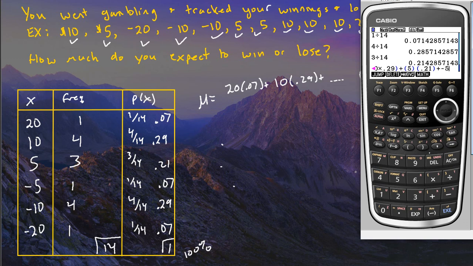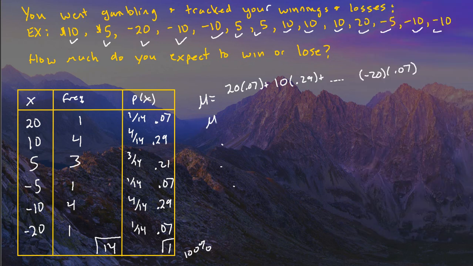So yeah, plus -5. I could just write -5 right there. So I'll do that with this one. And then -20 times 0.07.